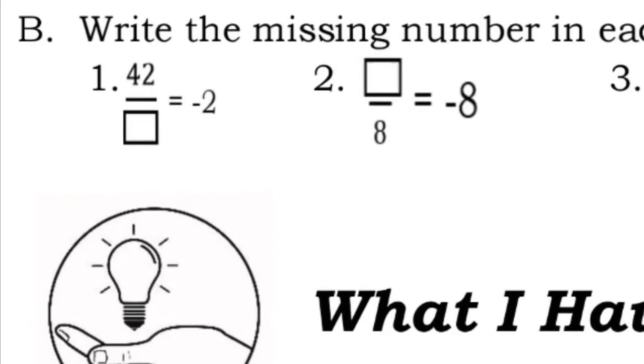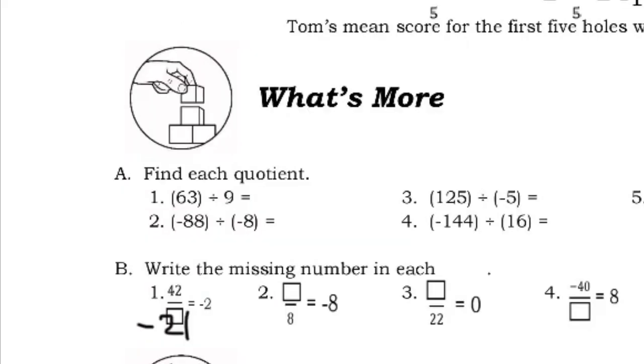Now, since the answer is negative 2, it means that the divisor should be a negative number, because 42 is positive, and positive divided by a negative will result in a negative number. So the answer here will be negative 21. So 42 divided by negative 21 equals negative 2. So just continue answering numbers 2 to 5.